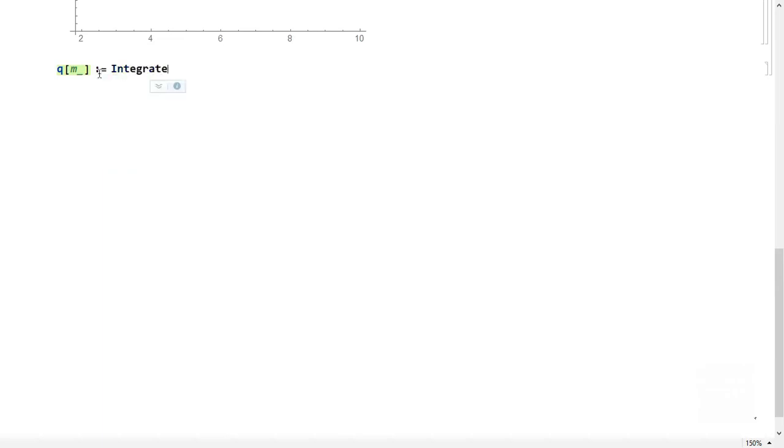So again we type Integrate, and after that we type x to the power m, then we type Exp of x, and then we specify the integration variable and the limits, right?